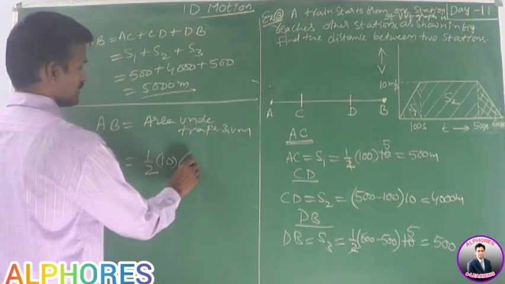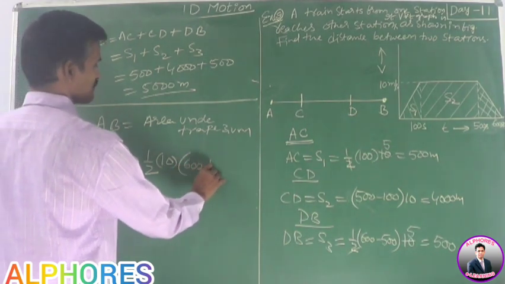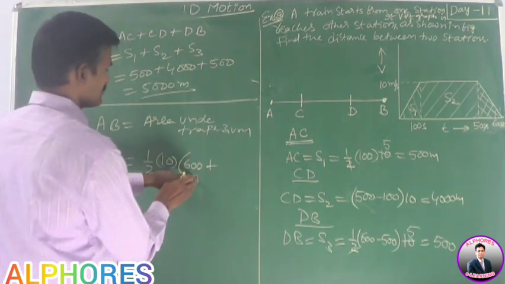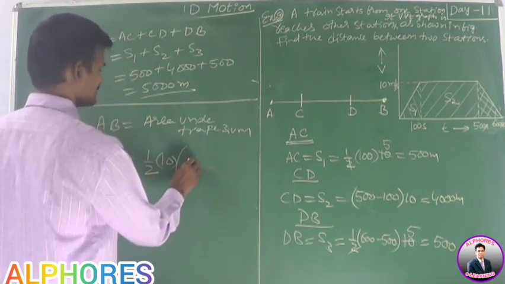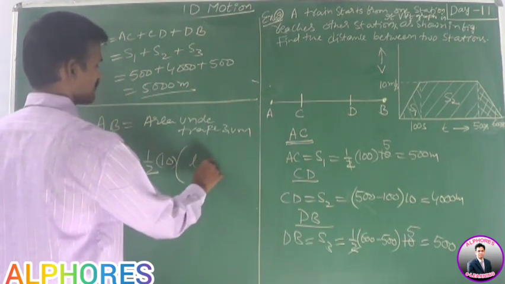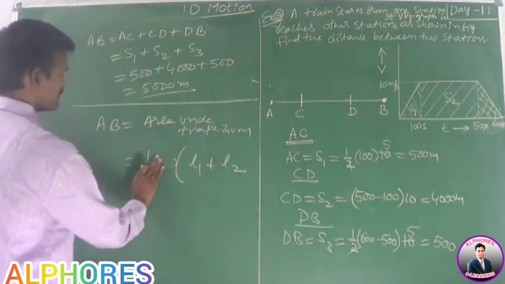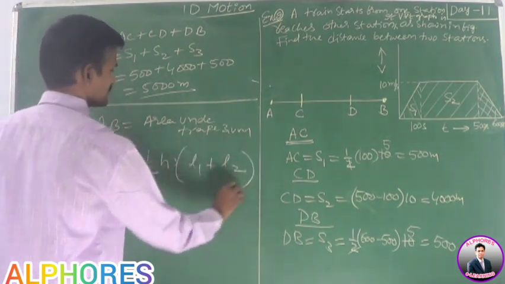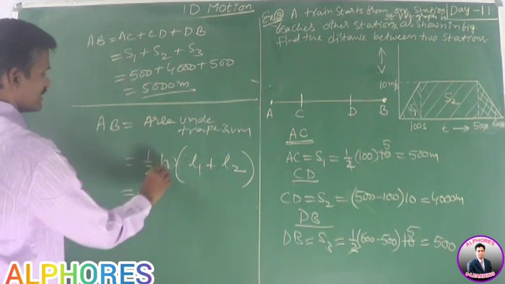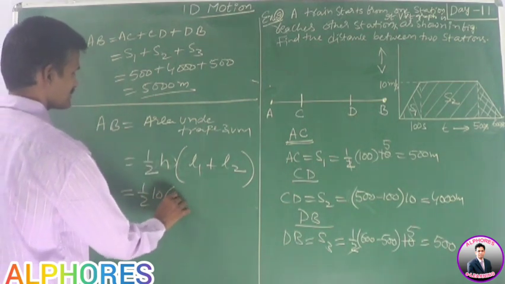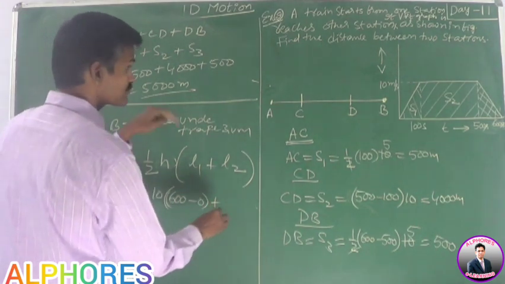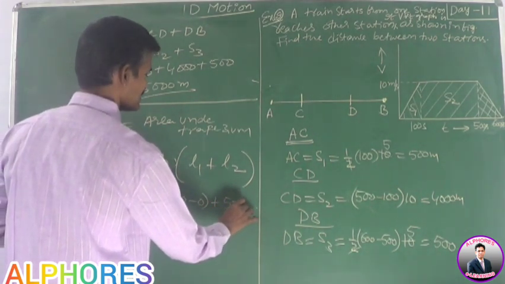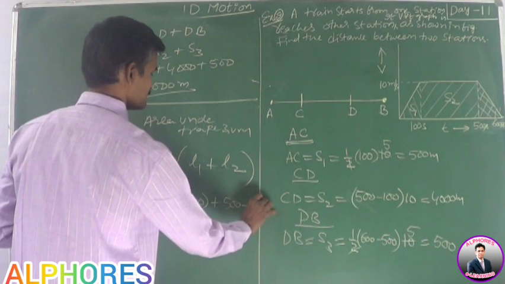Take the height h as 10, L1 as 600 minus 0, plus L2 as 500 minus 100.